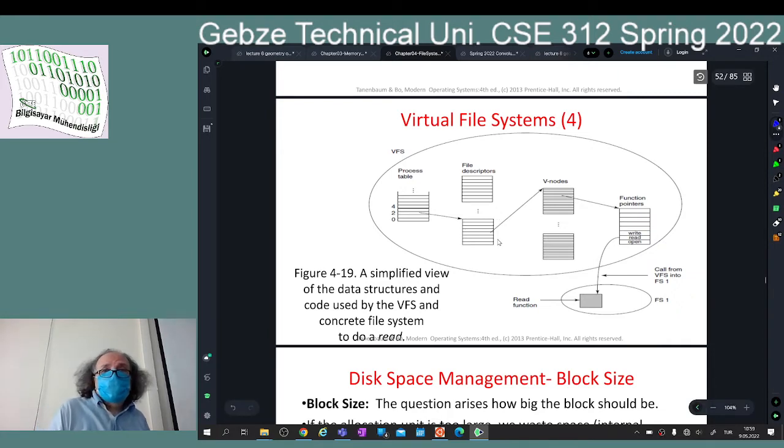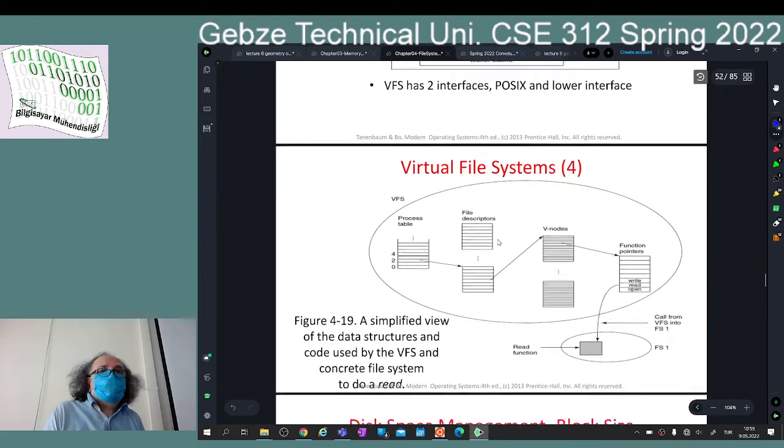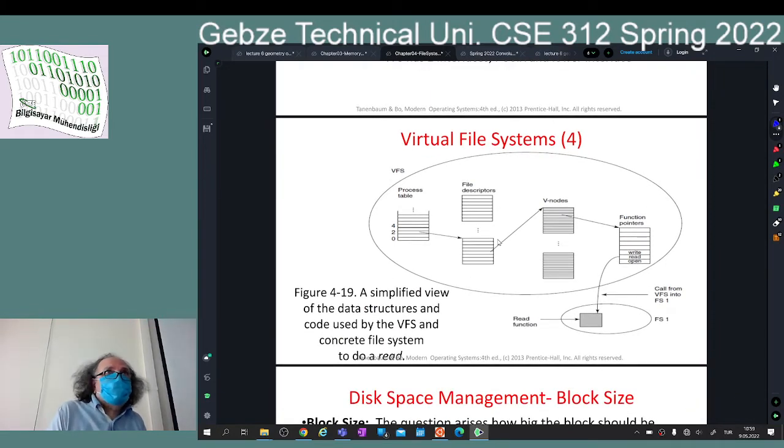Good. So these are the virtual file systems again. We have been using files since the invention of the computers, starting from the magnetic disk, or if you like to see it that way, starting from the punch cards from the 1800s, we have been using files.